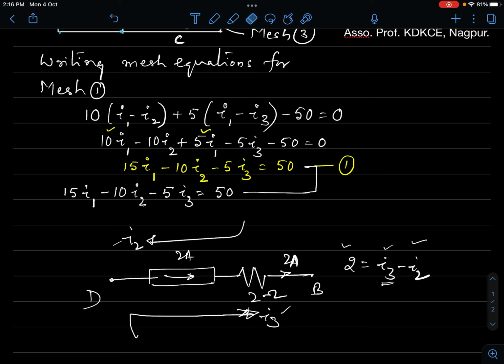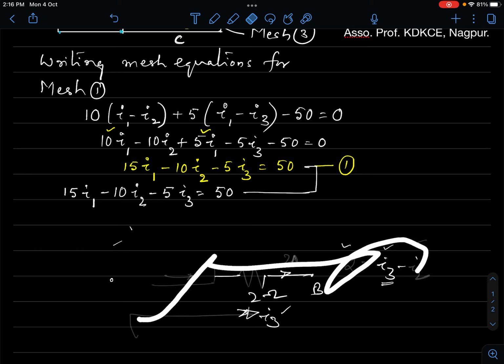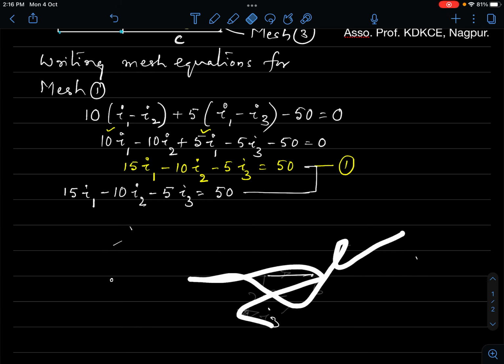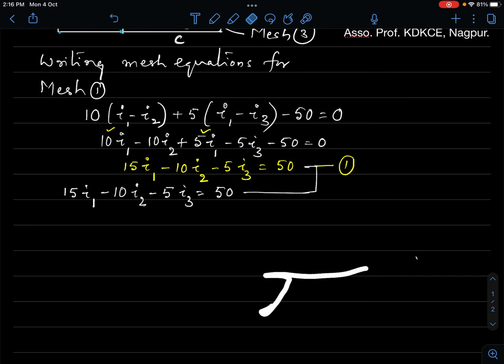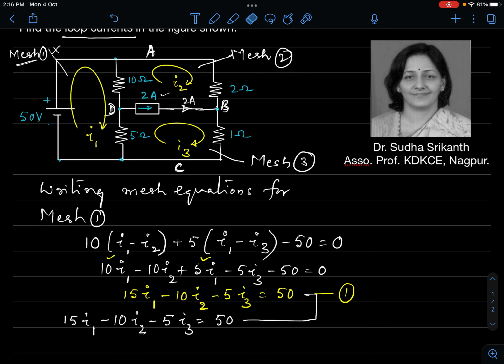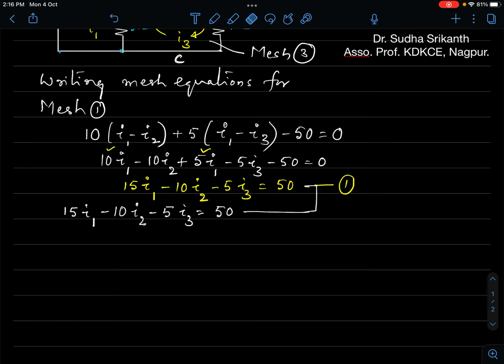So, this is the logic we have. You get one more equation in terms of I3 and I2, which can be written by inspection, by looking at the network. You don't require anything else. The second equation is minus I2 plus I3 equal to 2. If you want, you can even put 0 I1. This is equation 2.